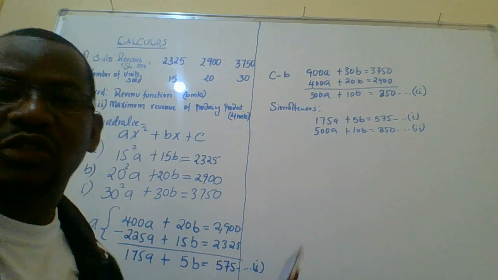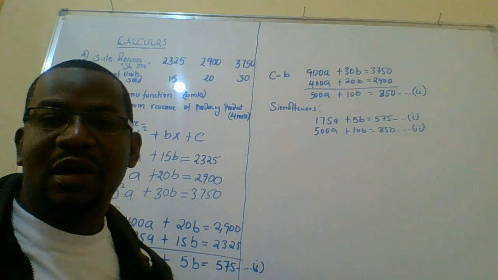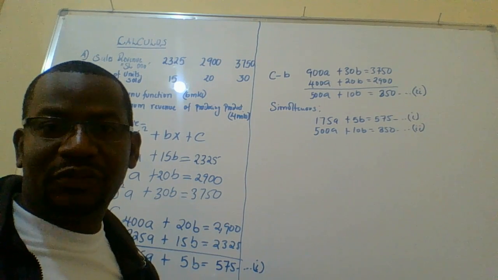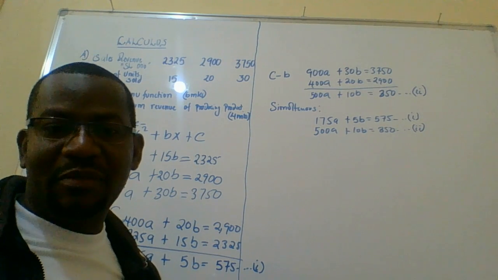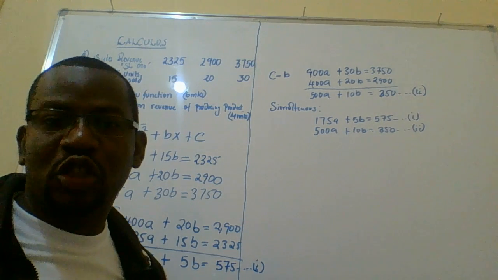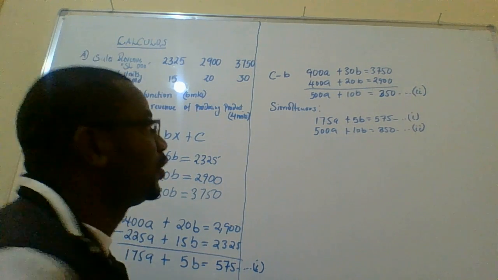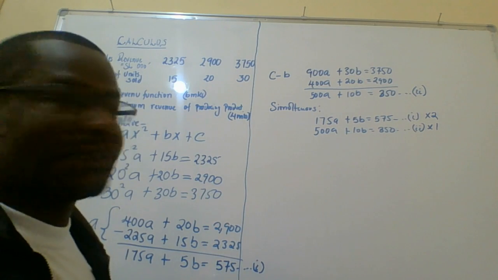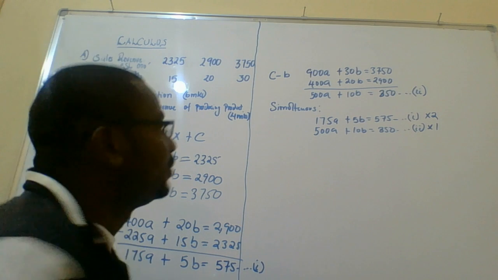My student, you can solve for that simultaneous equation and come up with A or B. But in just a matter of 3 minutes, I can solve it. Therefore, I can multiply the first equation by 2 and the second one by 1, so as to eliminate B.